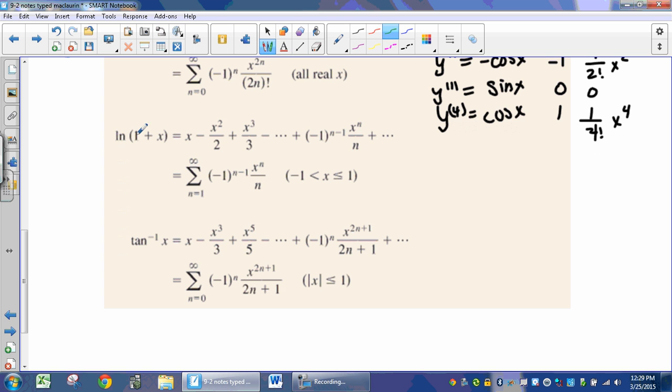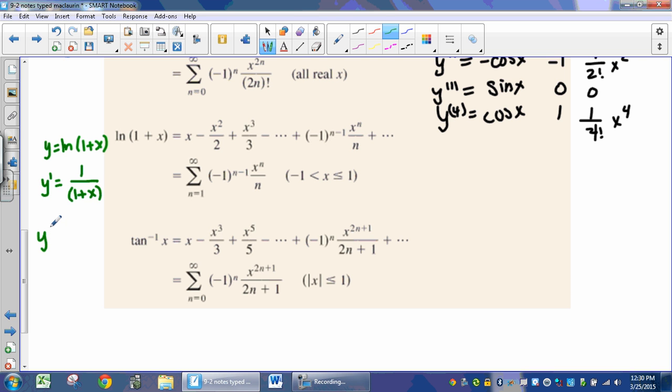All right, ln x. ln x is x minus x squared over 2, but no factorial, plus x cubed over 3 minus x to the fourth over 4. As far as memorizing this goes, you don't really need to memorize it, but this is one where I would really just want you to create it yourself. Because if I have y equals ln of 1 plus x, my first derivative is going to be the derivative of the inside over the inside.